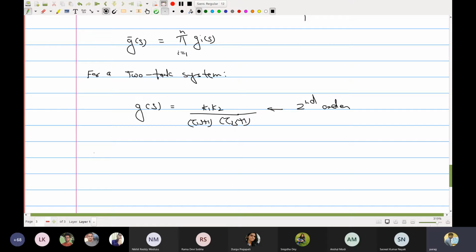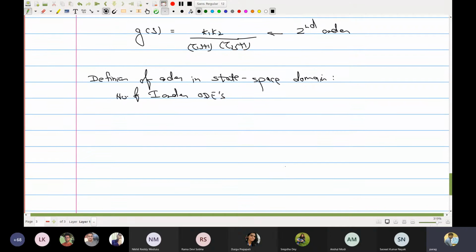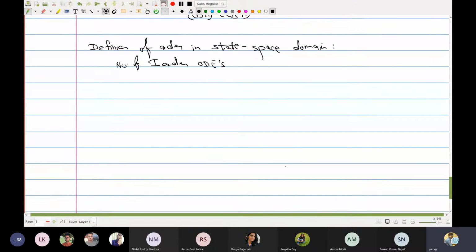So how did you use to define order? The definition of order in state space domain was equal to the number of first order ODEs that are used to define or model the system.